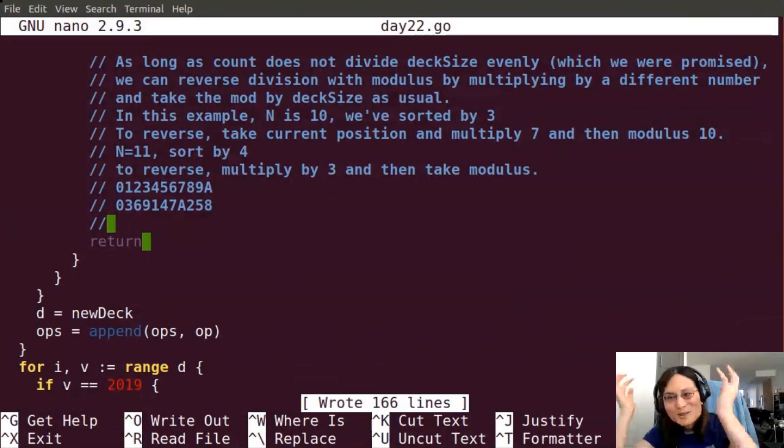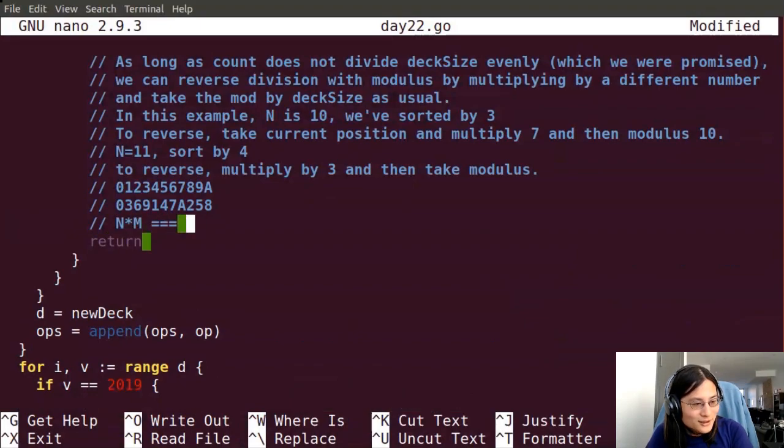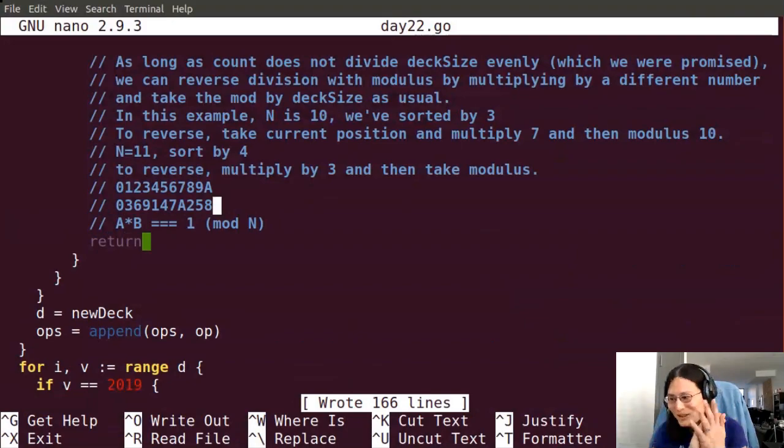In this thread, Liz re-remembers her number theory. The algorithm is a times b is congruent to 1 mod n. Okay. Number theory classes from the beginning of high school and middle school coming back to me. Great.